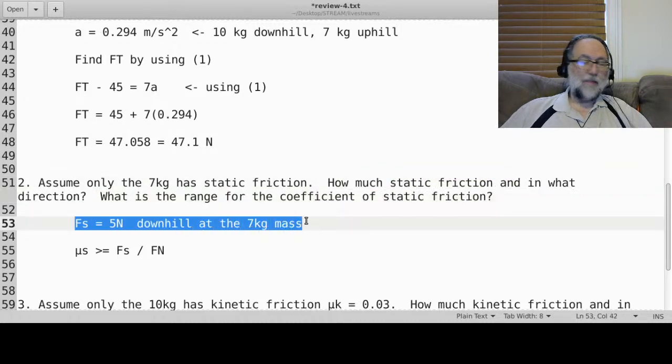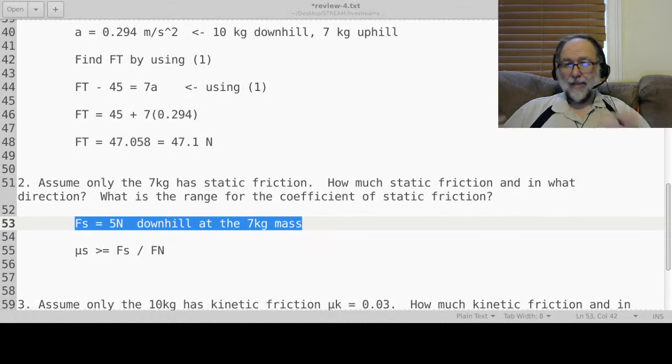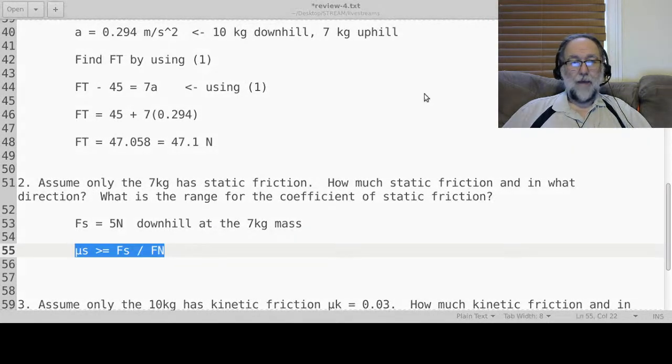You might find it strange that I didn't even use a formula to find the static friction, and you don't use this formula here to find static friction. You simply think it through the way I just did, and you say static friction is whatever it needs to be such that the acceleration is 0, or such that all the forces add up to 0. As you saw, you had 45, you needed 50, so that extra 5 came from the static friction. Static friction will simply adjust itself. It'll grow, it'll shrink to be whatever it needs to be, such that the net force is 0.